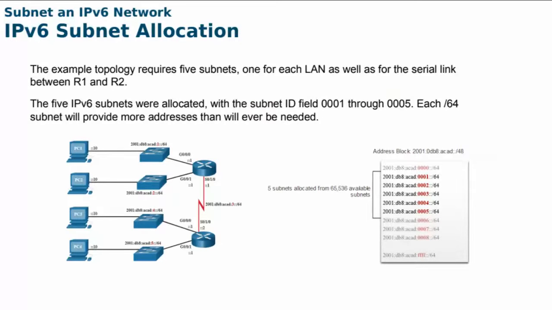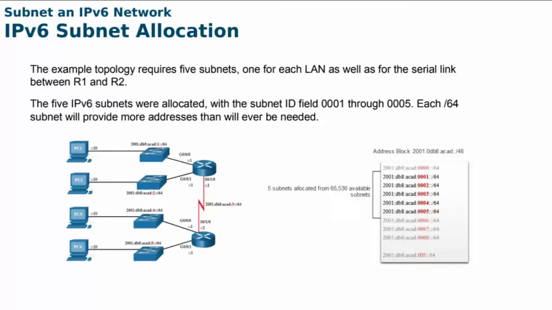IPv6 subnet allocation. Here we need to create 5 subnets, one for each LAN as well as for the serial link. So I need 1, 2, 3, 4, plus this one link, the red one. Then I need 5 subnets. These are allocated using the subnet ID field from 0001 through to 0005.